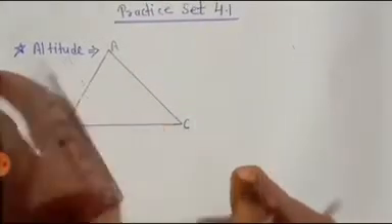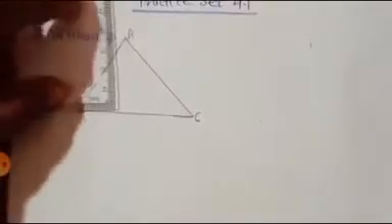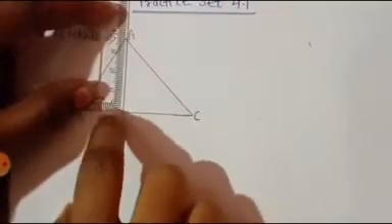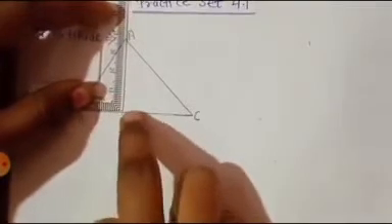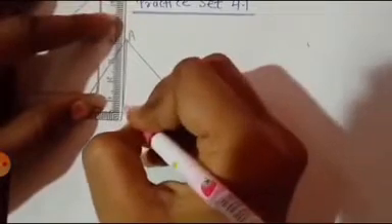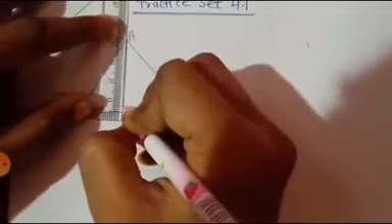Students, put your set square on the base of the triangle BC like this, with one edge straight and passing through the point A. This is the method to set the set square on a triangle and draw a line perpendicular to base BC. So this is the height and also the altitude of triangle ABC.